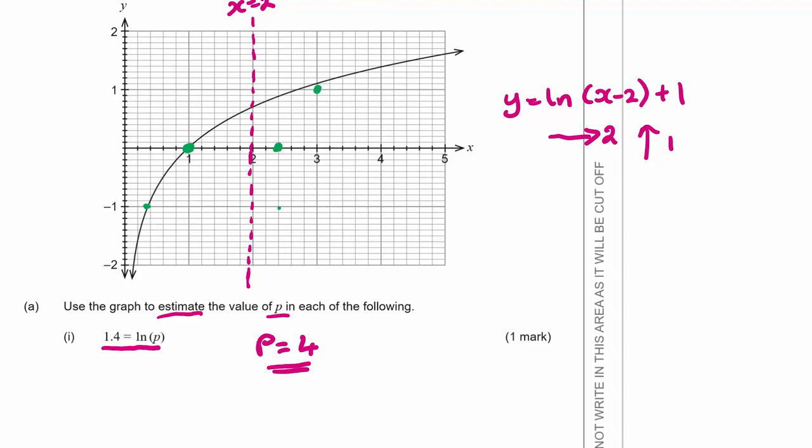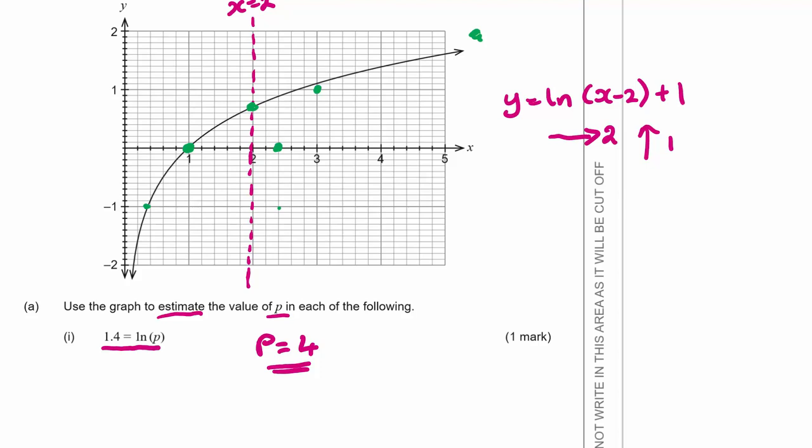Also, I might be interested in where this is going to actually leave over on this side of the graph. So if we choose, say, this point just here, let's move that across and then move it up 1.